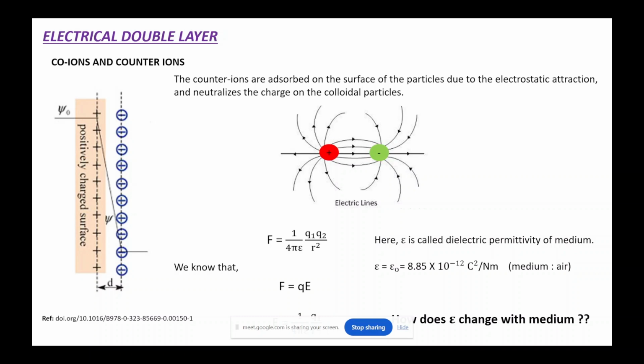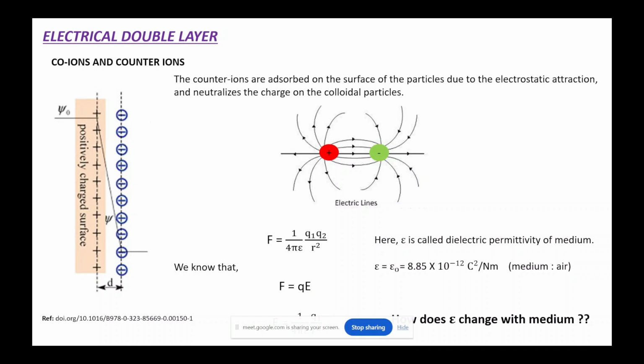So these Na+ ions will get adsorbed on the negatively charged surface of this particle, and this adsorption will result in the neutralization of the charge present in the suspension.